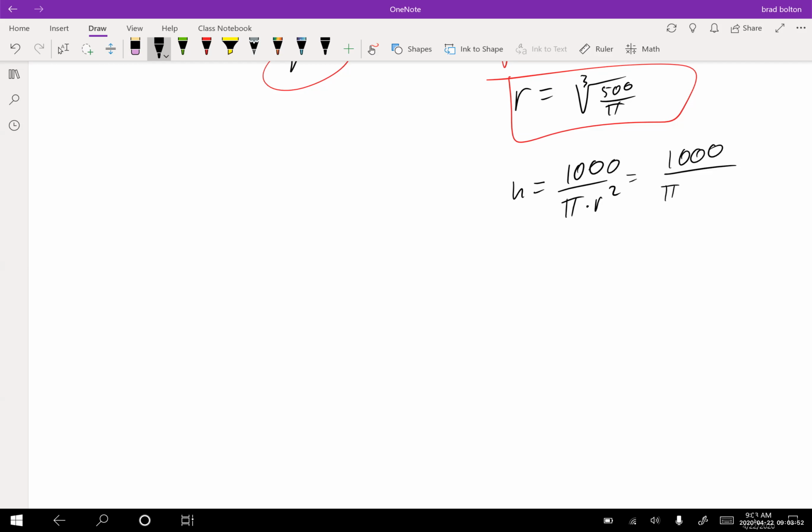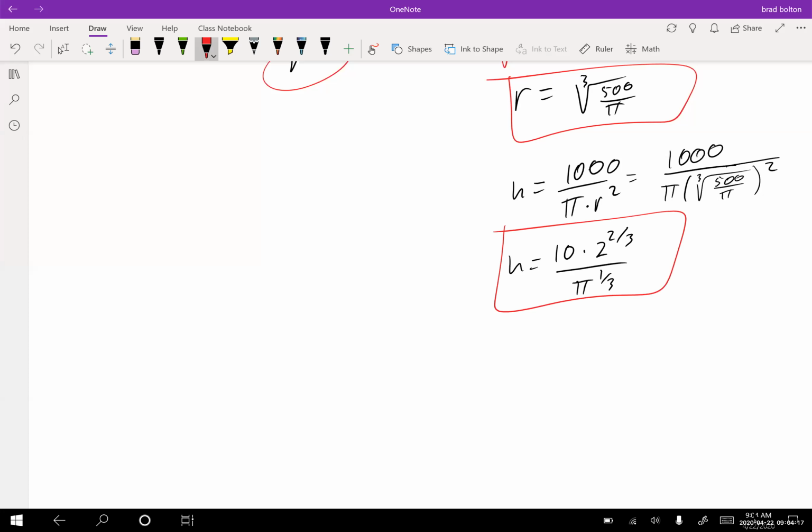So this would be pi times the cube root of 500 over pi, and then this is all squared. Okay. When you guys clean this up, the ugly version of this is going to be 10 times 2 to the 2/3 all over pi to the 1/3. But I would allow you to leave this as well. So these are our dimensions of R and H that would minimize surface area.